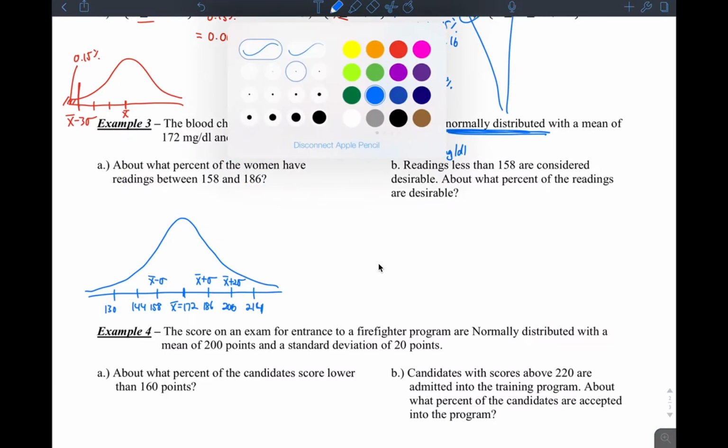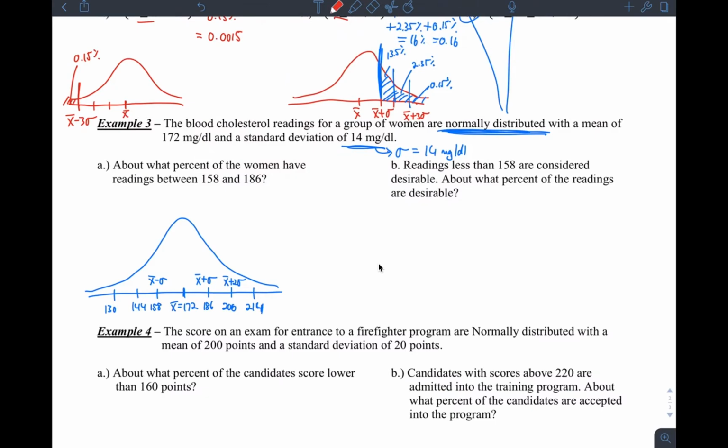Now let's answer the question. If I were to randomly pick a person from this distribution, what's the chance, or what percent, they'll be between 158 and 186? Now that's an easy answer. You know the answer. The answer is simply 34 plus 34.